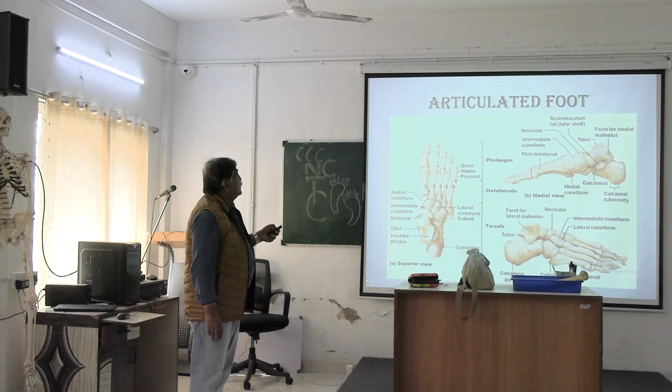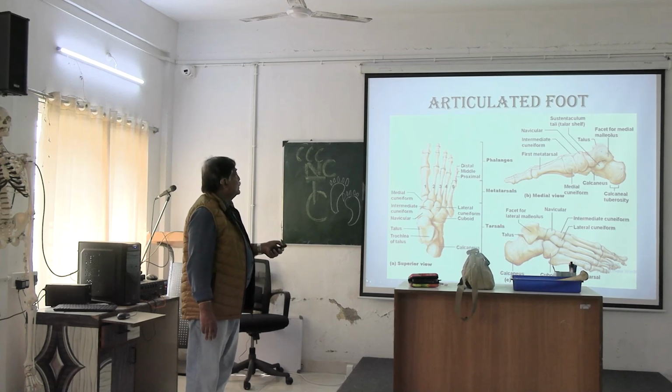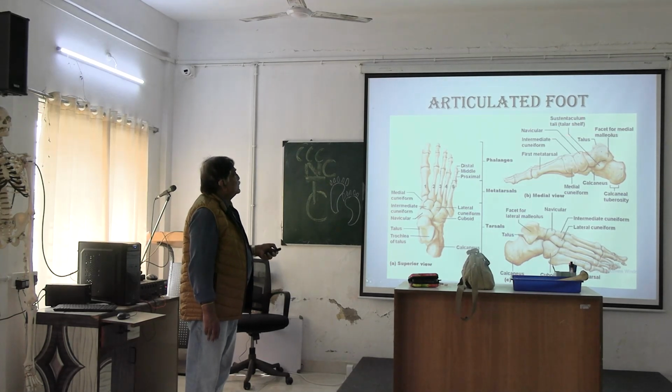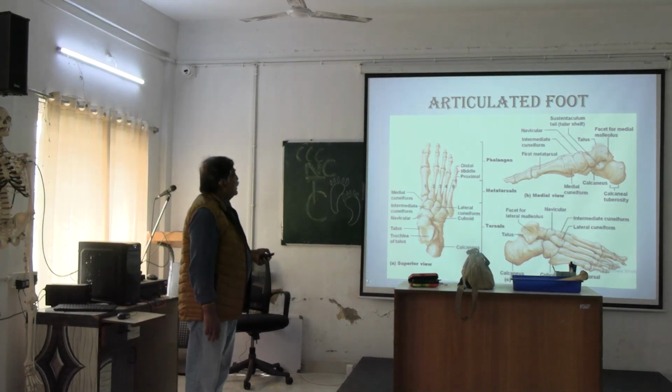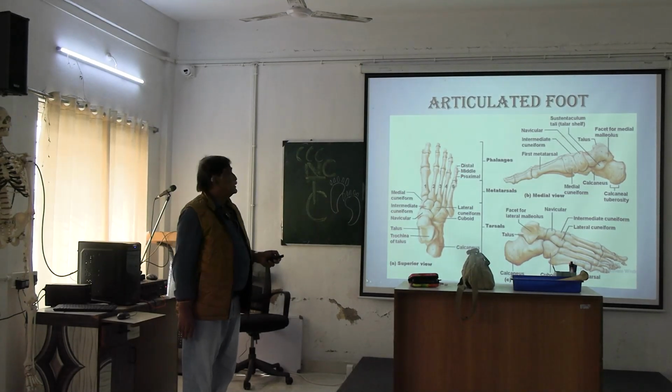Now the articulated foot, I told you the bones, the total bones are there. This is the talus, this is calcaneum, sustentaculum tali, this is navicular bone, this is intermediate cuneiform, first metatarsal. These are the phalanges: distal, middle and proximal phalanges.